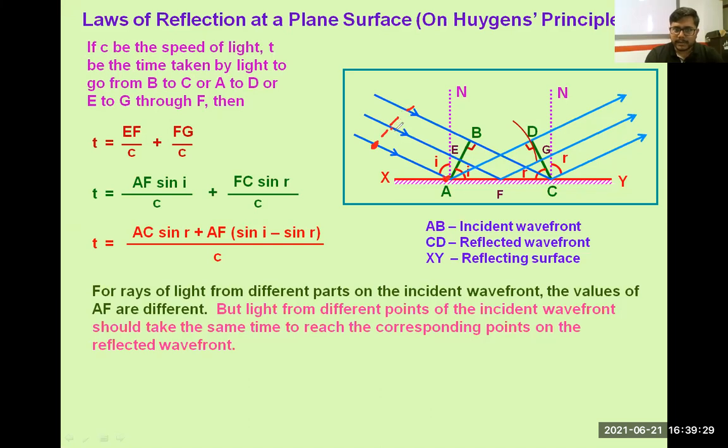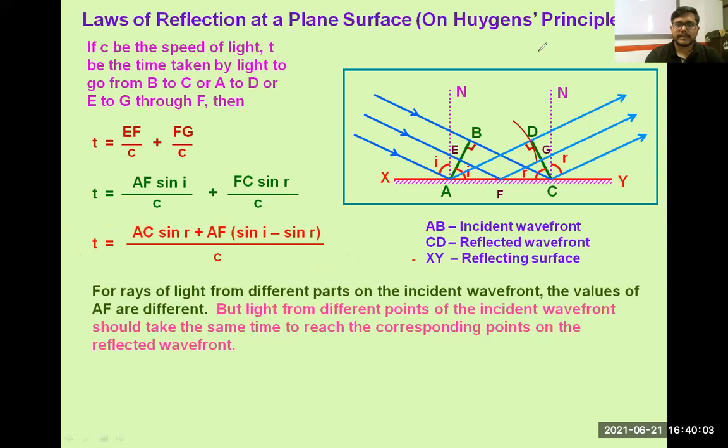Again, if we draw a parallel line, this extra time is required for this one, and for this point source of light, again, this is the normal, so this much extra time is required. That is written here: to travel this much distance, the light should take the same time to reach the corresponding point on the reflected wavefront. From the geometry also it can be very easily seen.